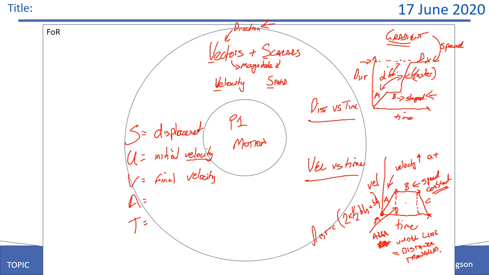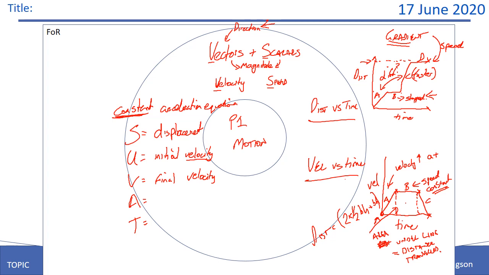the constant acceleration equations, and that's really important. Let's write that up there again: constant acceleration equations. Now, if your acceleration isn't constant, you cannot use these equations. So if they show you a graph where the velocity change is not a straight line but a curve, you can't use these.